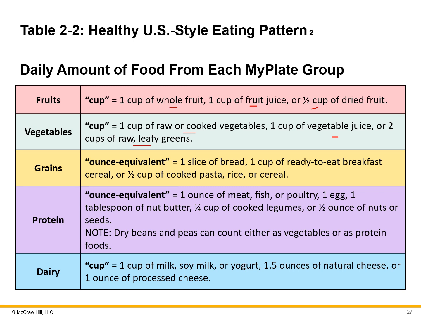And then our equivalents as far as ounces related to grains, so a slice of bread, a cup of breakfast cereal, or half a cup of pasta, rice, or cereal. And then the ounce equivalent of our proteins, so an ounce of meat, fish, an egg would be an ounce, a tablespoon of nut butter, some legumes. So again, all of these are just giving you an idea of what this relates to.